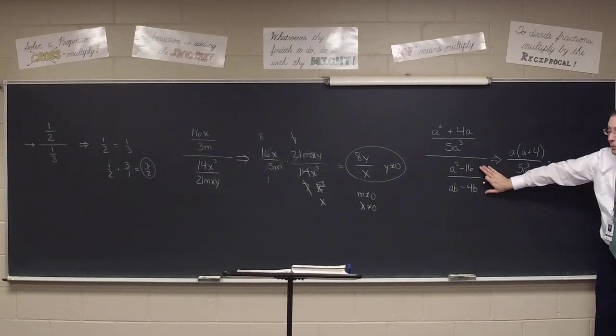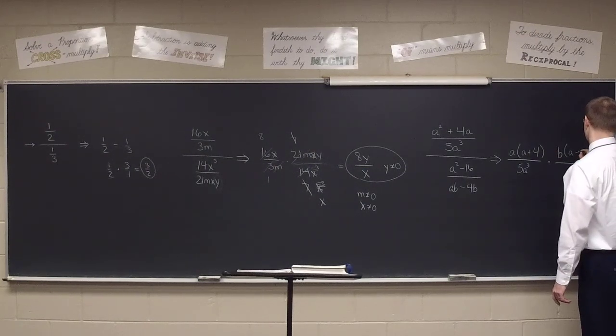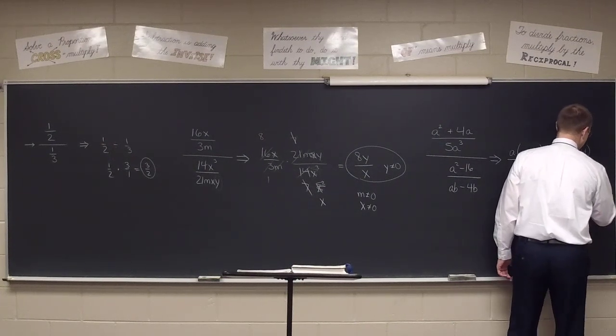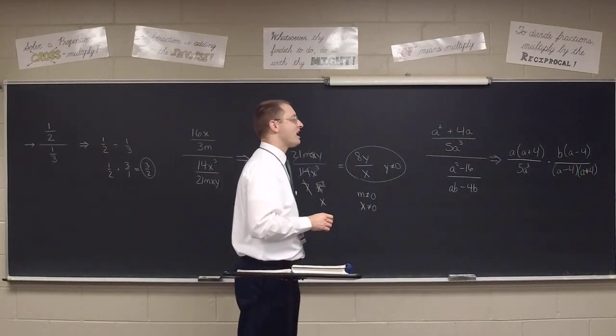All right, then here, remember, we've got to flip it. So it's not the a squared minus 16 staying up here, it's the ab minus 4b up here. Noah, let's factor that: b times the quantity a minus 4. And then down here is where we'll put the a squared minus 16, but we'll put it factored, Maddie. All right, once we've done this much, Brecken, now we get to, and what cancels?